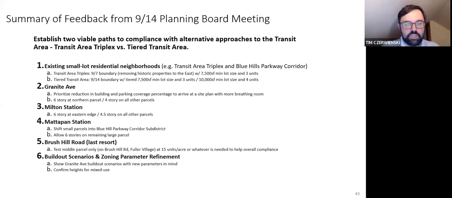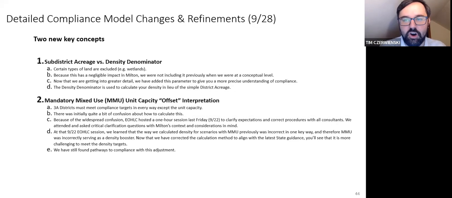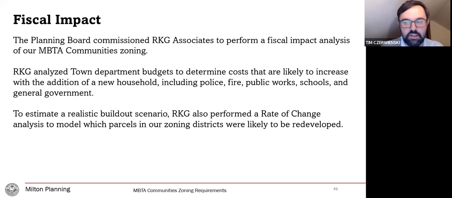So, there's been a ton of work that's gone into this, and it just shows how much input and back and forth there was between the planning board and our technical assistance consultants.